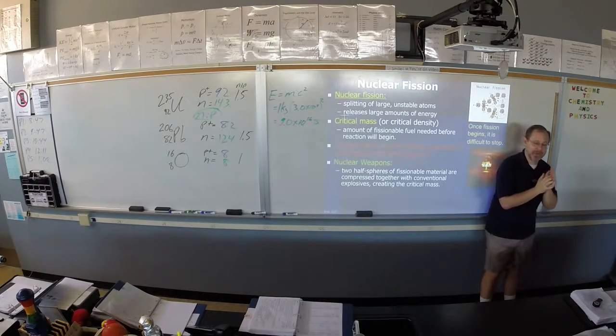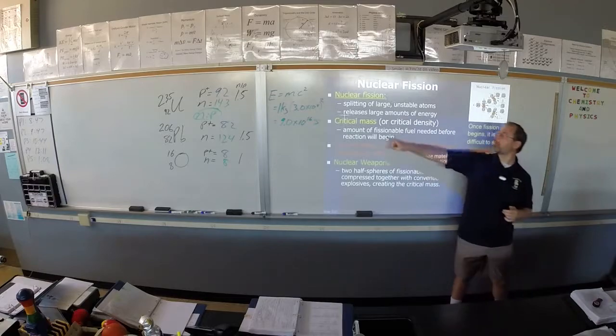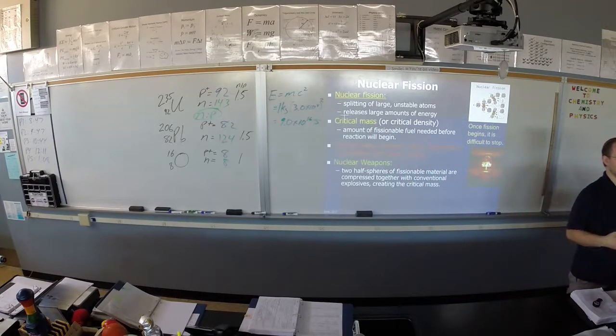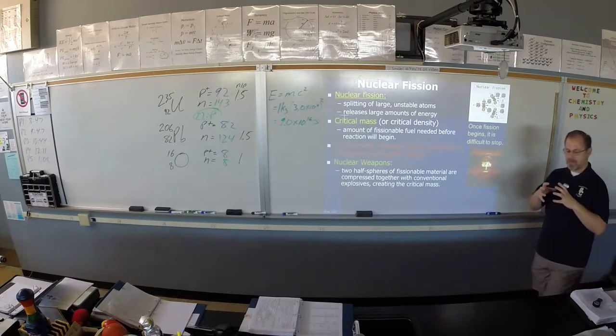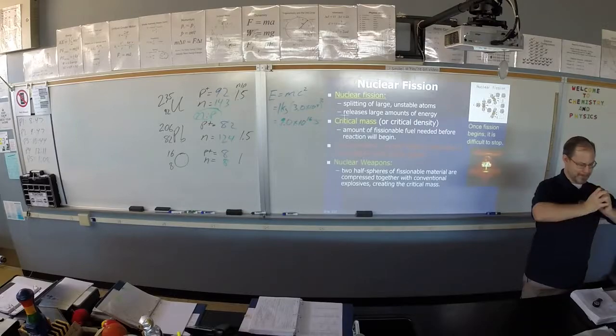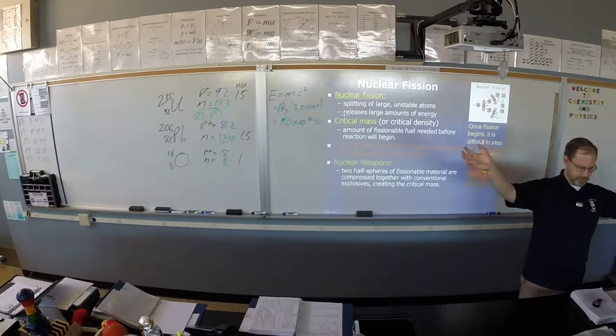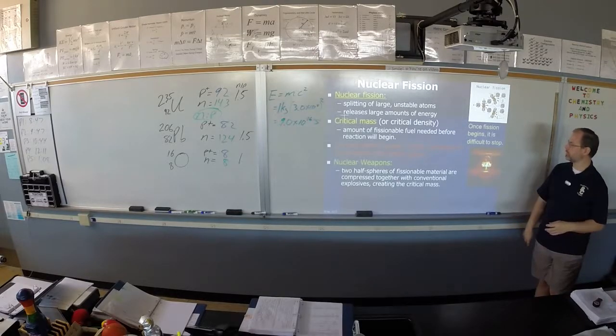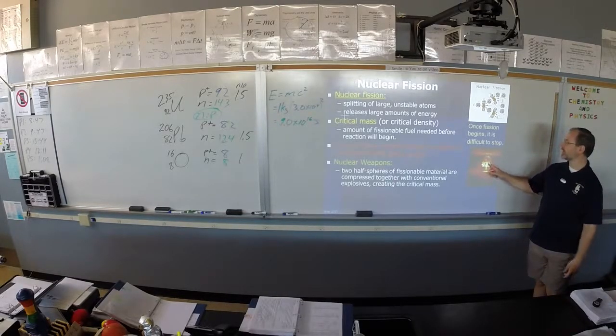And when it squishes together, it gets what's called a critical mass or a critical density. Now, the neutrons are so close together that they cause each other to fission. Squish, boom. That's what you get. You get a mushroom cloud.